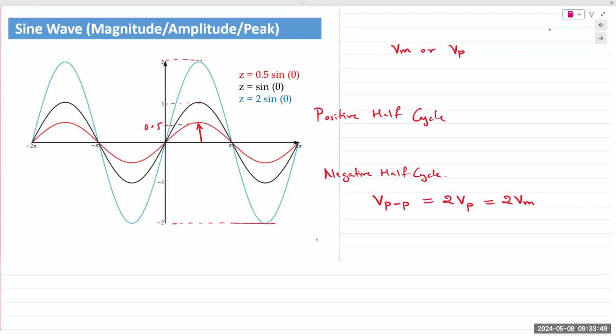Students should be aware of both. So if you see Vp or Ip, it is referring to Vm or Im. Magnitude or amplitude or peak stands for the exact same thing. They're all synonyms of each other in this instance. P-P is peak to peak.